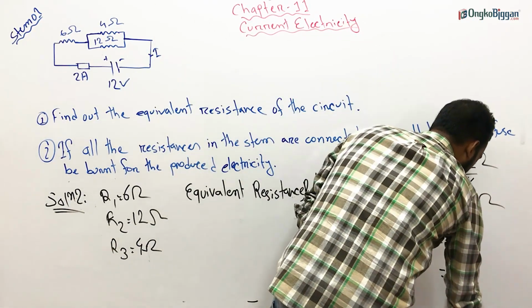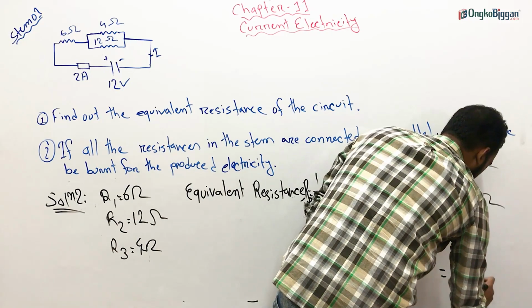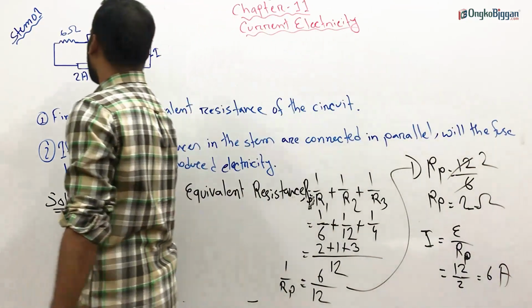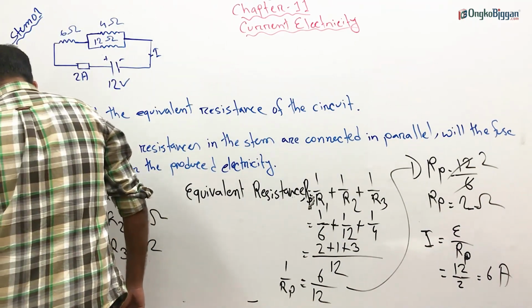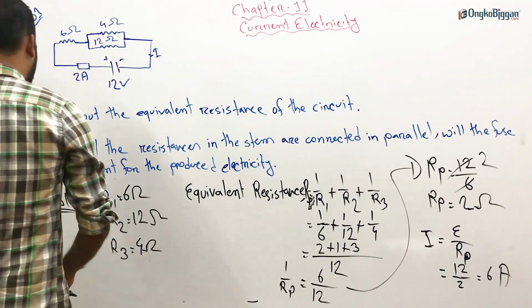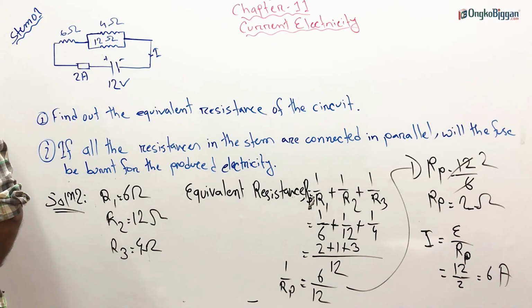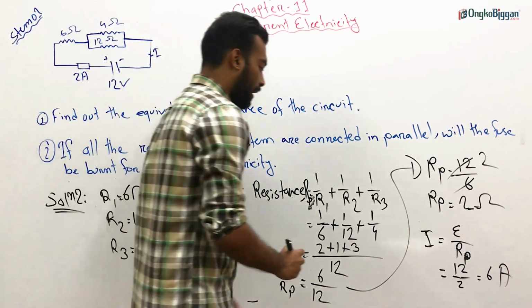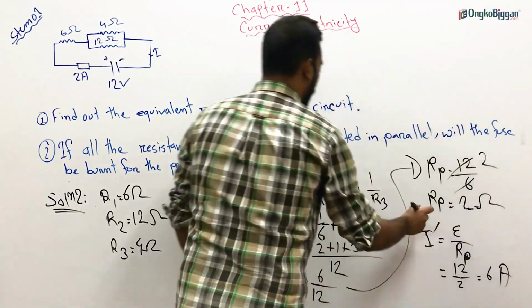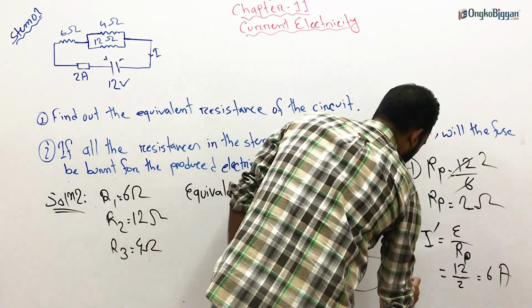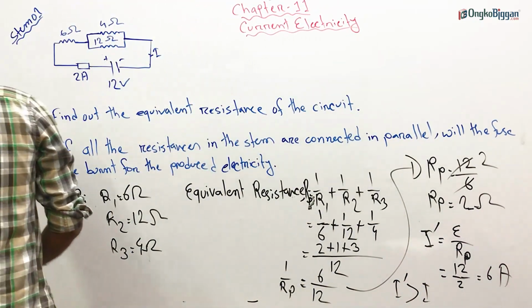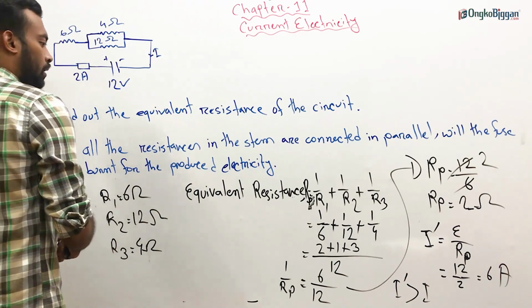So 12 divided by 2, how much are we getting? 6. We are getting 6 ampere of current. Suppose we call this I prime. So I prime is greater than the given I, which was 2. Okay, so the current will flow through the fuse.